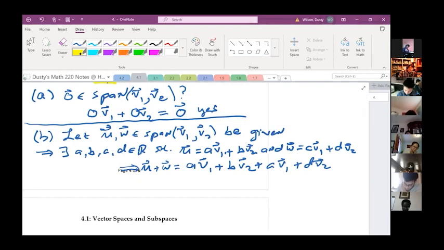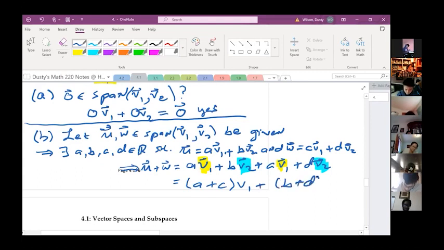I'm guessing everybody's seeing what's going on. So we have that this is equal to (A plus C) V1 plus (B plus D) V2. And this last thing is a linear combination of V1 and V2. So it certainly lives in the span of V1, V2.